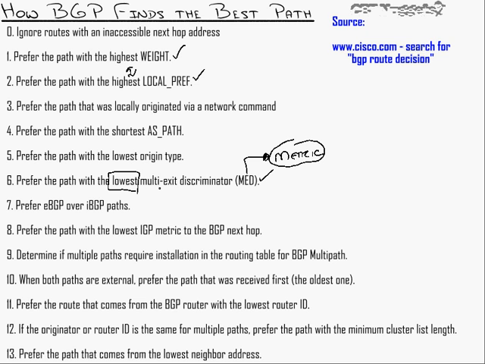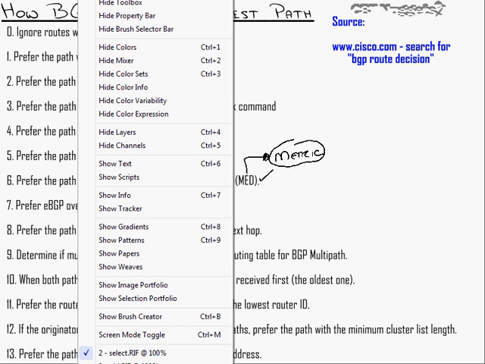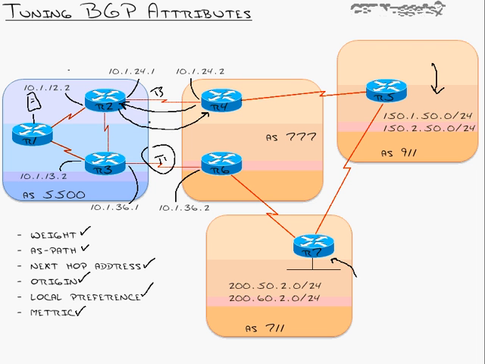The way that I remember that is just think of metric as it applies to a typical routing protocol, like RIP. The lower the hop count, the better, right? It has a lower metric. Or OSPF, the lower the cost, the better the route is. So when you think of metric with BGP, just remember lower is better because it's a metric. So we can set the metric of our routes, and by the way, they're all 0 by default, but I can set them as I send them out to the system.